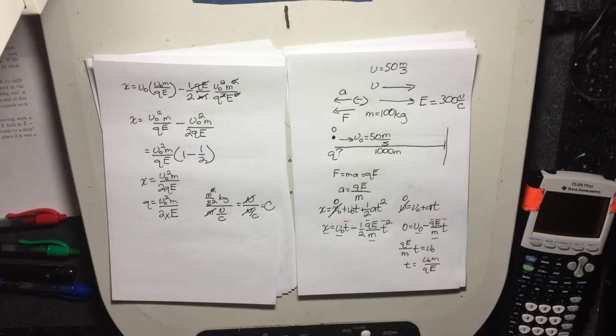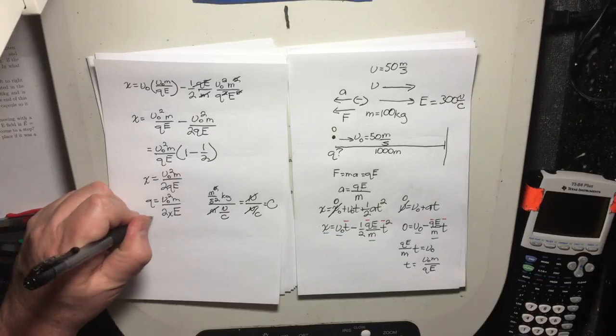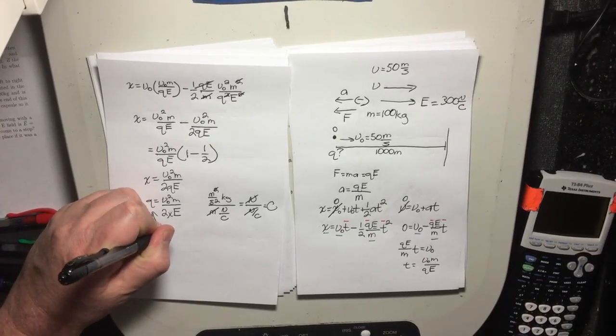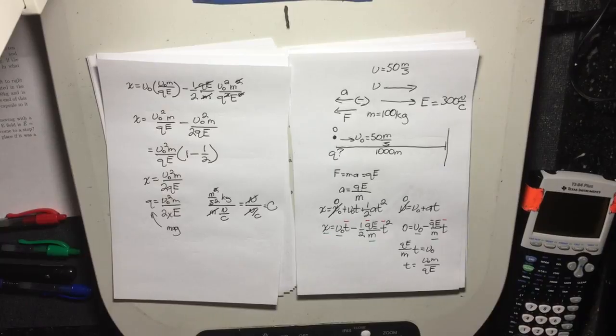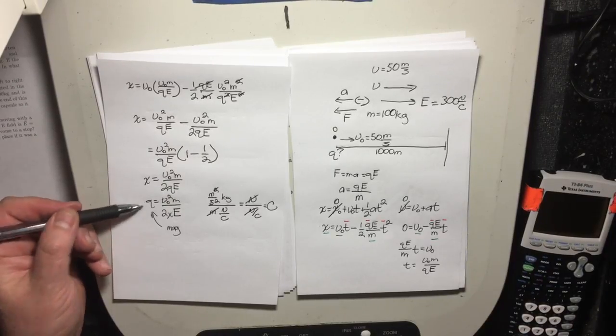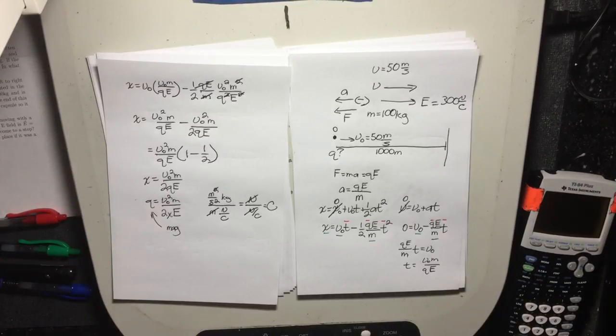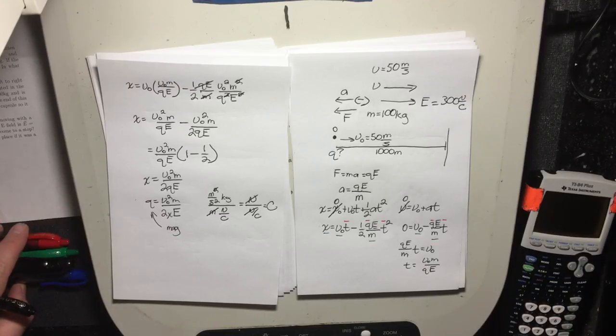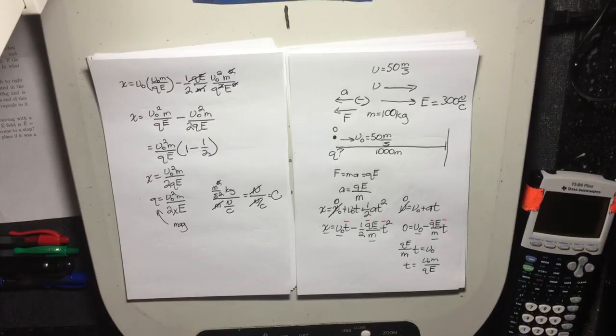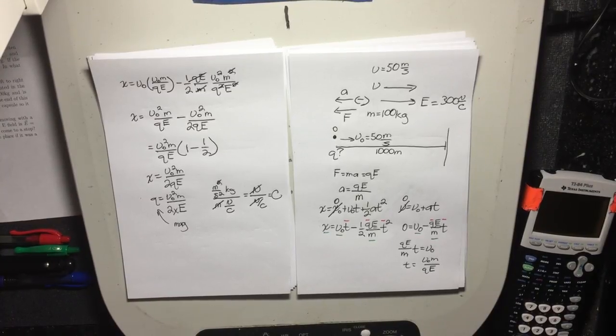So that's the expression. Plug it in, use the number. Just remember, this particular Q is a magnitude. So when the answer is, what's the charge on the capsule, you just say negative of this. We know from the setup of the problem that the charge of the capsule should be negative.